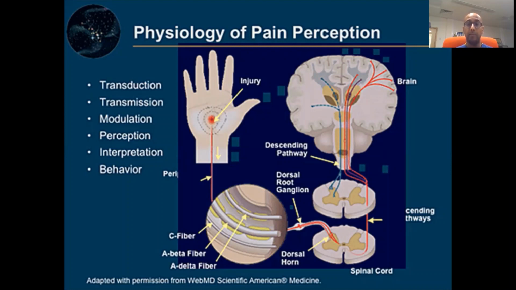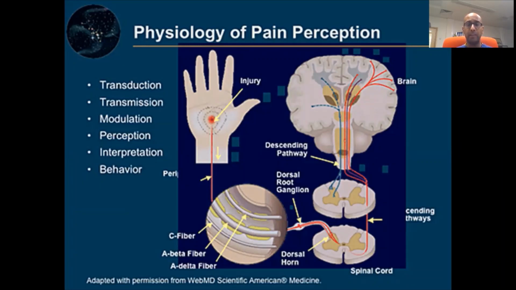So that may be in terms of heart rate, in terms of the rate of breathing, sweating, feelings of anxiety or distress around pain, depending on how the patient's perception is then moved into an interpretative phase, will depend on how their behavior around pain and therefore their function changes.